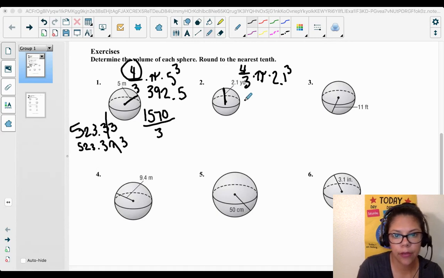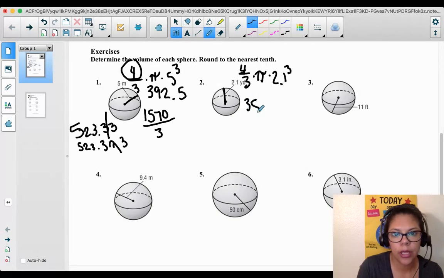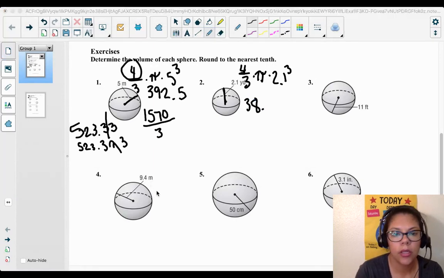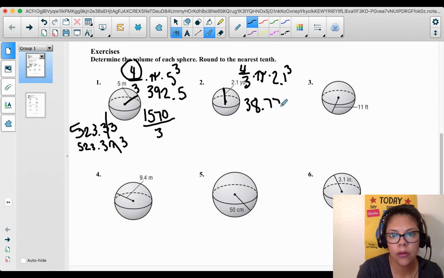So we have 38 point, was it? 77. And we're rounding again to the tenths place, so that 7 is going to go up to an 8. So 38.8 cubic yards.